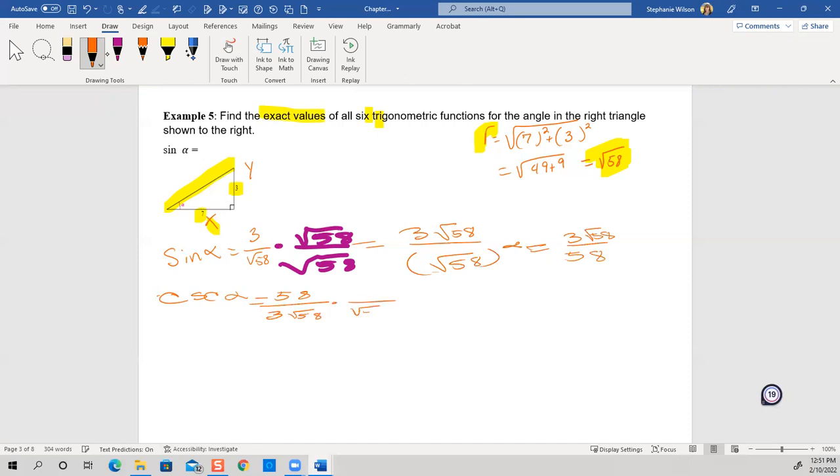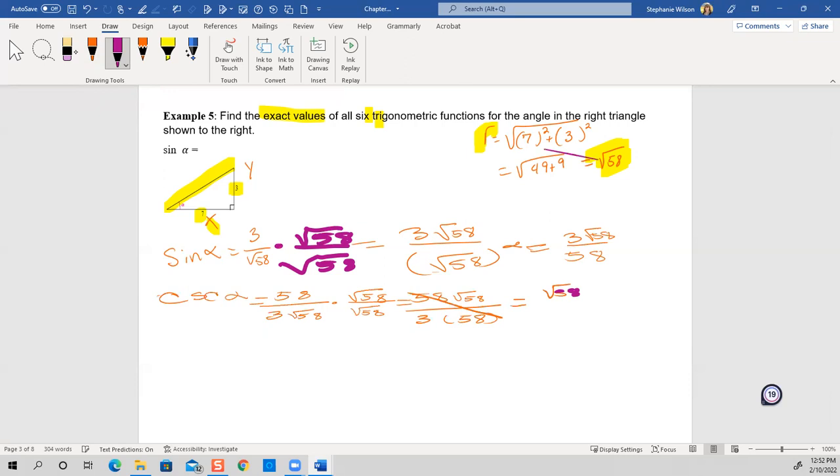We're going to multiply square root of 58 top and bottom to take away the root. So now I have 58 square root of 58 all over 3 times 58. And what happens? My 58's reduce. Yay. So let's reduce my 58s. And now I have square root of 58 over 3.